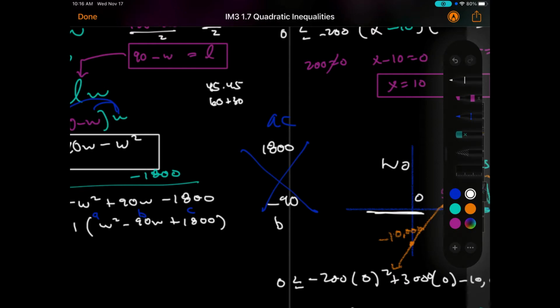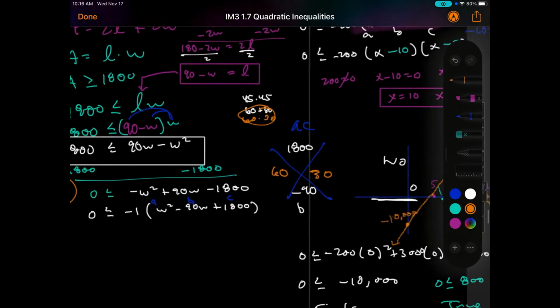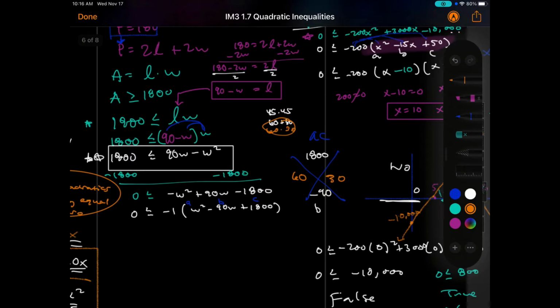And when you're just writing it out, you'll recognize that if I do 60 times 30, it gives me 1800. So I'm going to write 60 and 30. And in this case, I'm going to make both of those negative. Negative 60 times negative 30 gives me positive 1800, and if you add those together, you get -90.